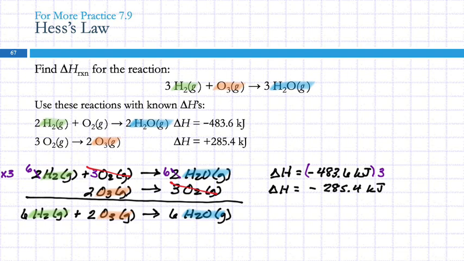And then let's look at delta H. Negative 483.6 times 3 plus negative 285.4. Delta H for that one is negative 1736.2 kilojoules.